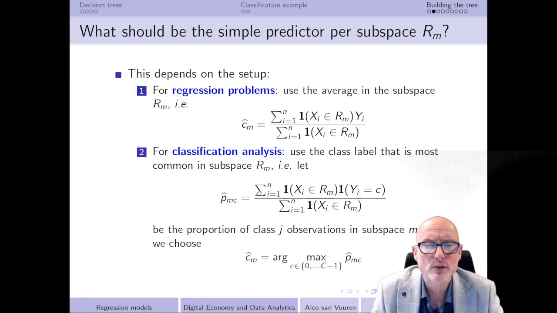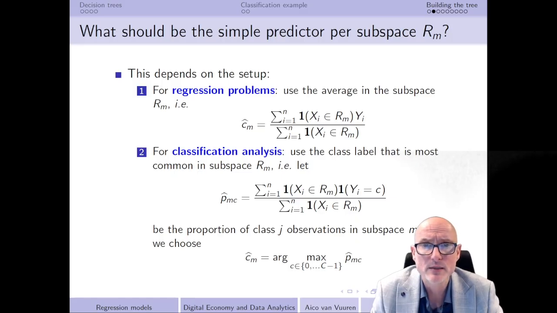Then we sum over all the occurrences of this particular class in that particular subspace. So we simply count the number of times that we have class C in this subspace M, and we divide again by the number of observations in that subspace.